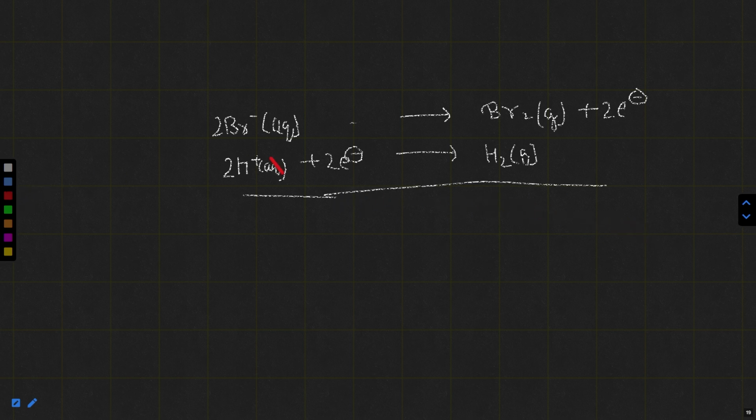Electrons will be cancelled out and you will get your final equation. So 2 Br minus aqueous, 2 H plus aqueous will give you Br2 gas and H2 gas.